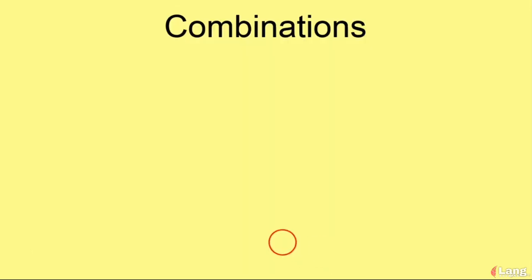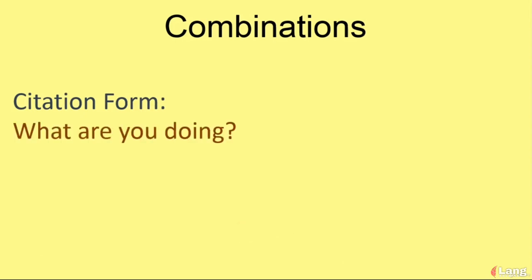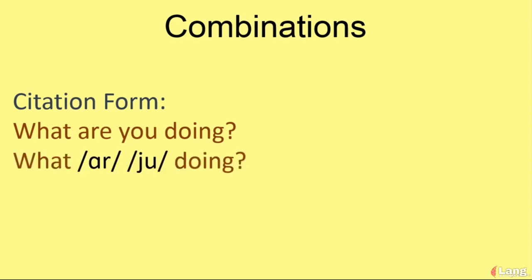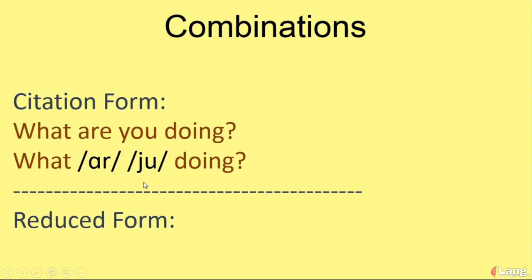Okay, let's look at this next sentence. What are you doing? When we are reducing words, we often will reduce "are" and "you." And instead of saying are you, we combine it with what, and we say, what are you doing?